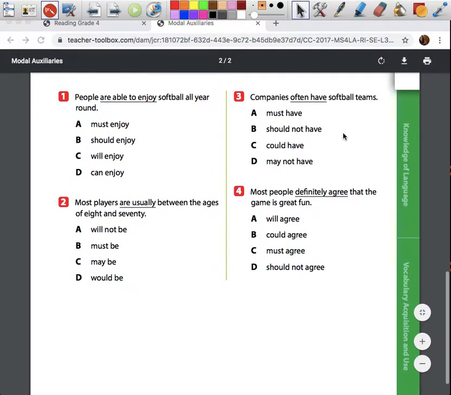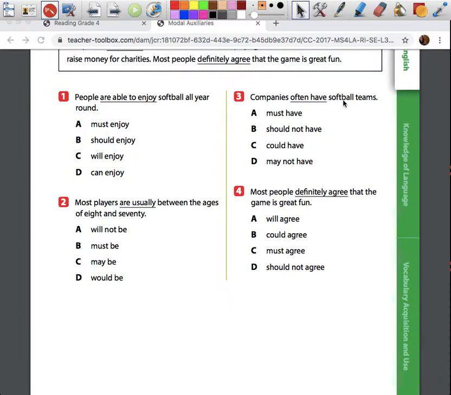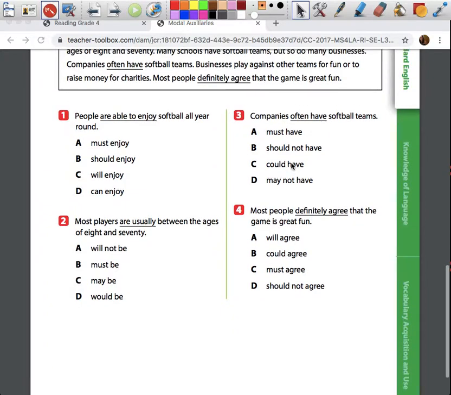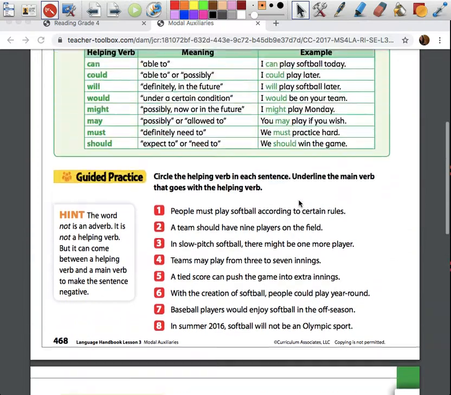Number 3, companies often have softball teams. Well, have is my verb, so we've got to find the verb that could help have. Okay, often. I think often is a possibility.